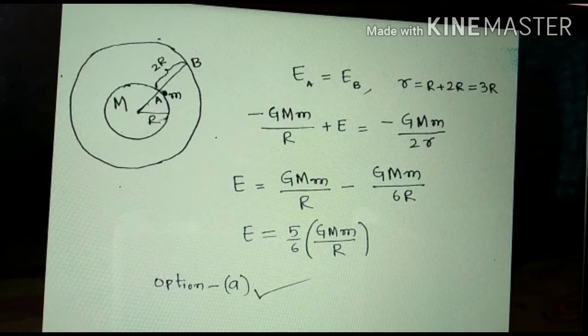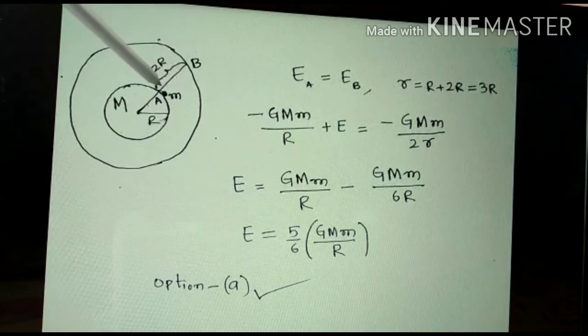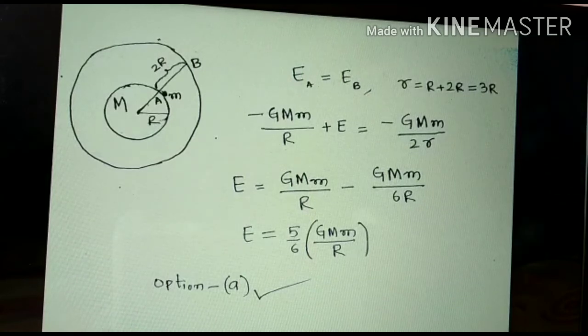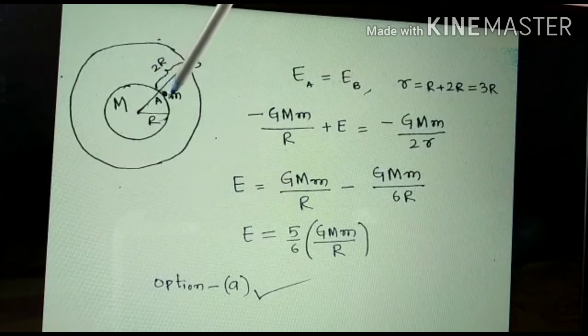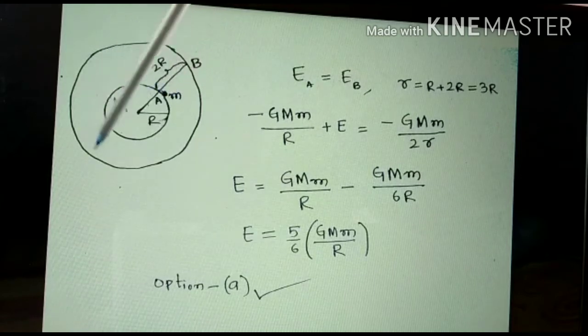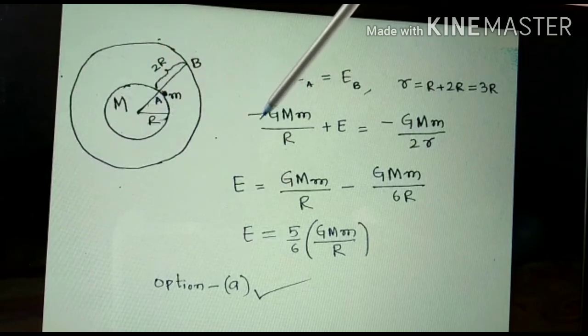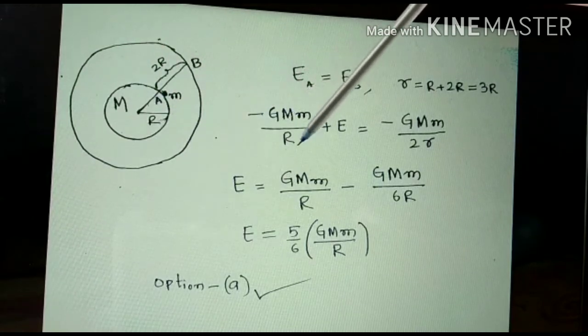So whatever energy the satellite has at point A is just due to the earth's gravitational potential energy, that is, minus G capital M small m by R.